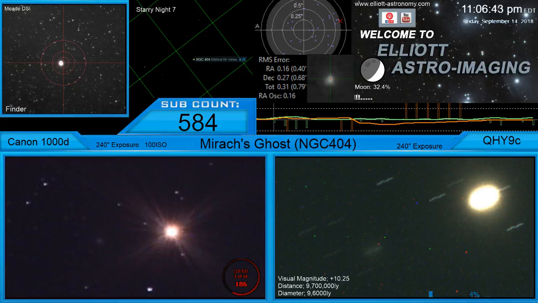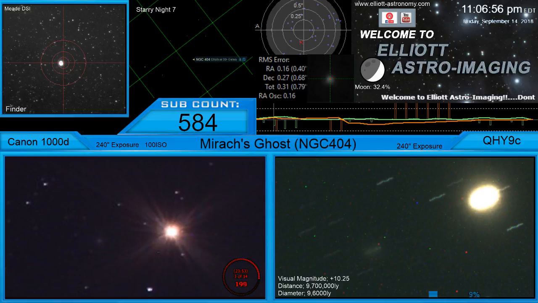Oh, probably because when I moved the mount, that's probably what it was. Oh. I never hit guide. Oops. That'll do it. No, actually it didn't cross in there. It was my bad. I didn't hit guide.